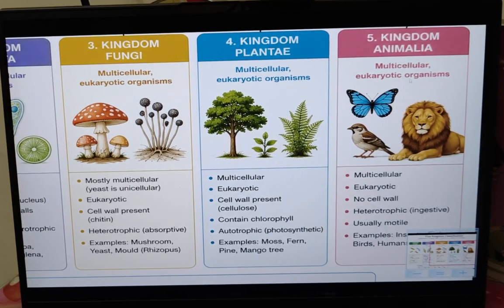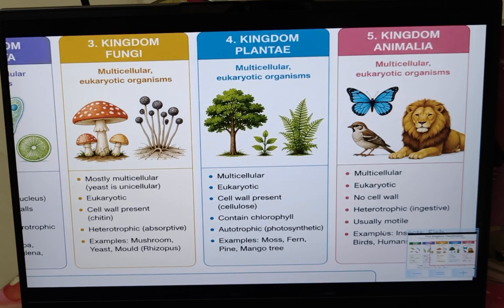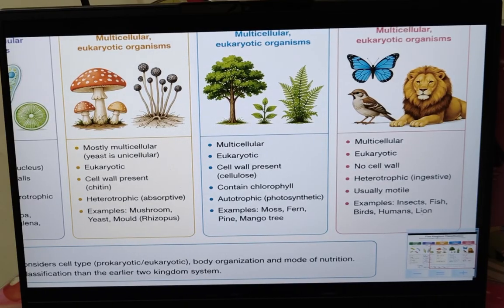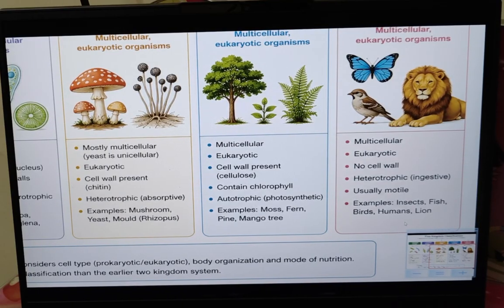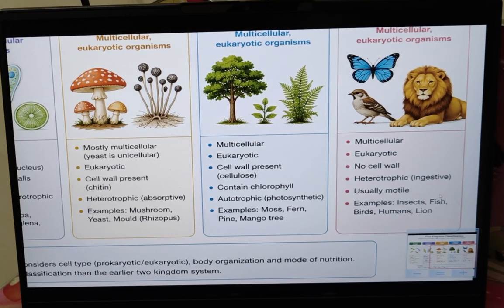Again they are multicellular eukaryotic organisms. It has no cell wall. Heterotrophic, which means they undergo a holozoic mode of nutrition, usually motile. Motile meaning they move. Examples: insects, fish, birds, humans, and lion. You will read this in detail about kingdom Plantae and Animalia in the third chapter. So this is just an outline of the five kingdom concept.